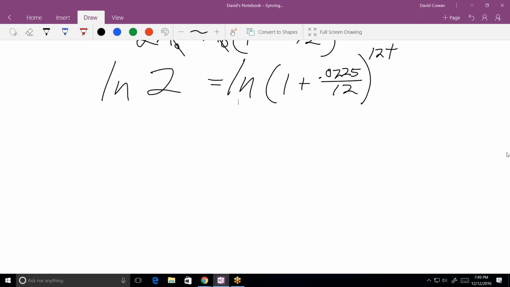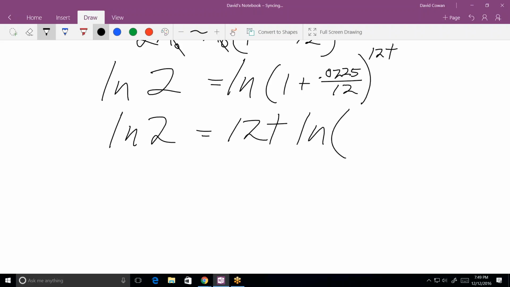Now, what can I do? The whole point of taking logs is so that I can get that variable out of the exponent. Now you can move that variable down in front of the natural log. I can turn it into an algebraic equation.